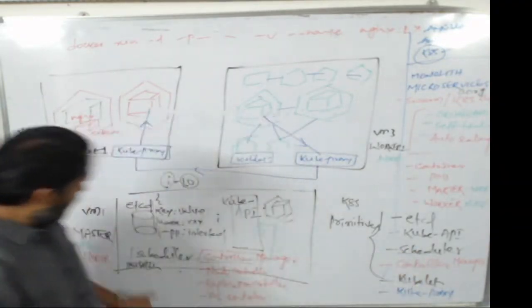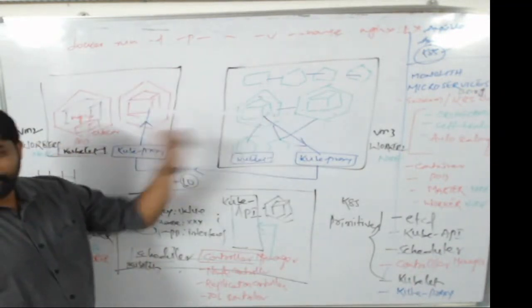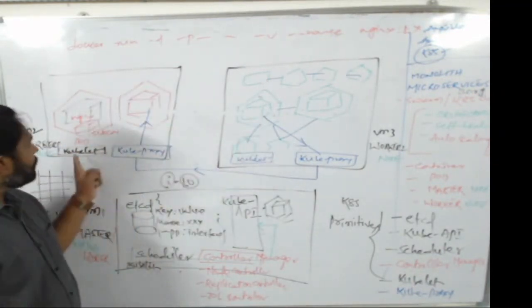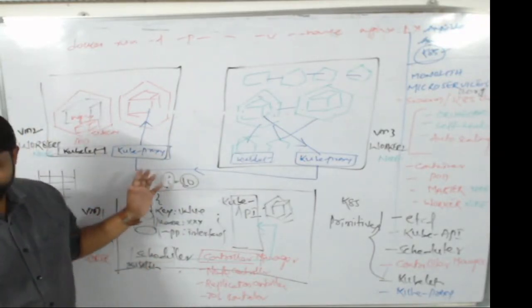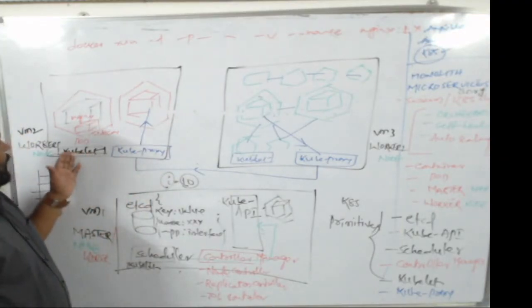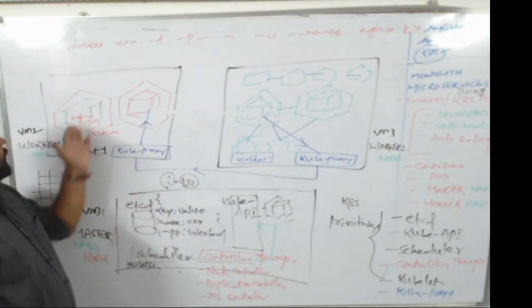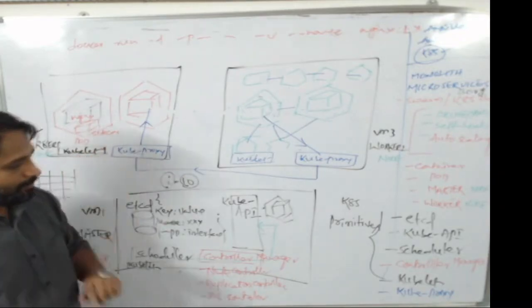Then you have a scheduler, the next primitive, which schedules the pods on the nodes through kubelet. Right? So the scheduler decides the nodes. Its only decision is with the node. The actual creation of the pods is handled by the kubelet component on each of those nodes.